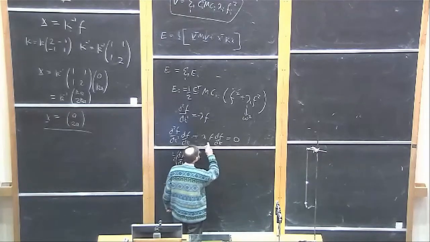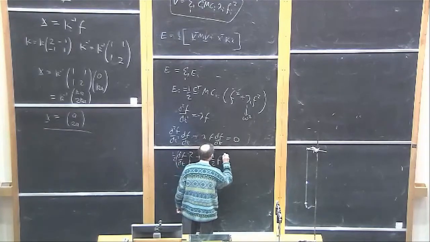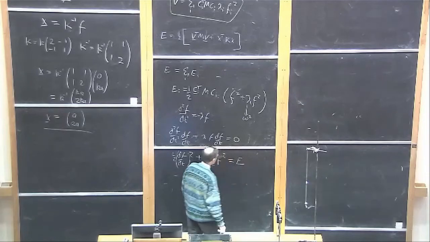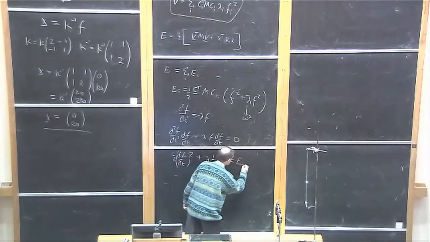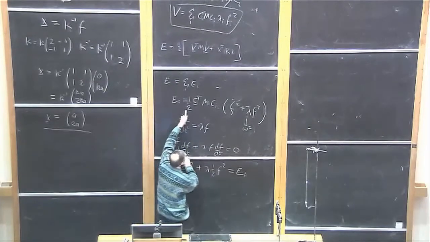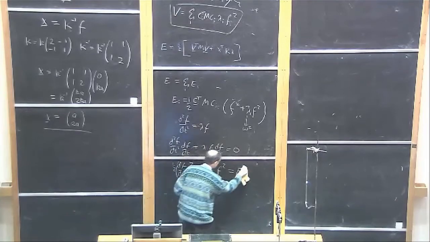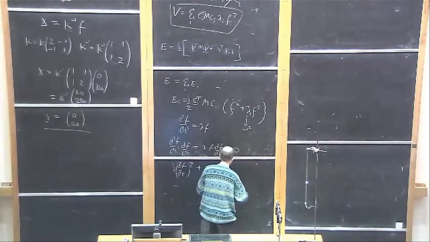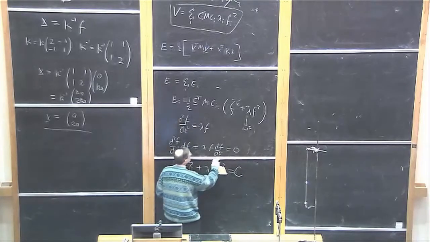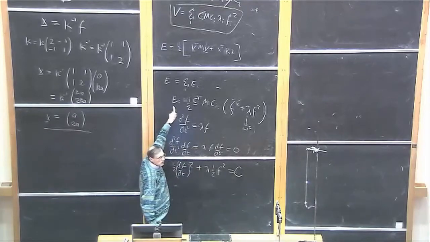This term here is the differential of a half f squared with respect to time, and so when I integrate with respect to time, I get a constant of integration, c. So this bracket here is constant, which means that the modal energy is constant.